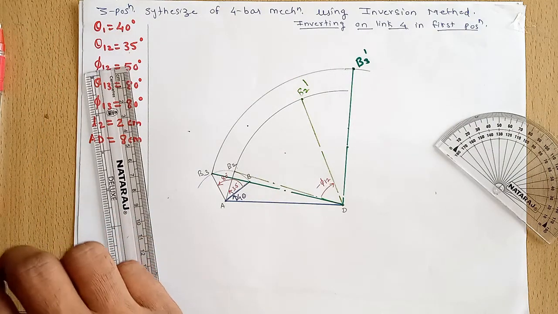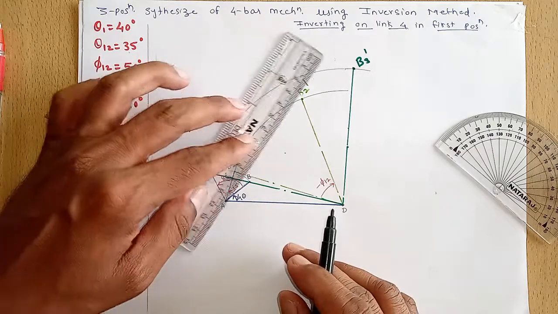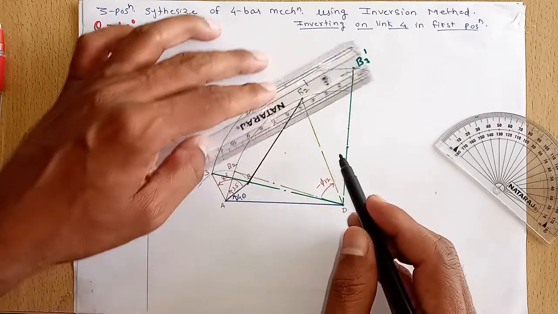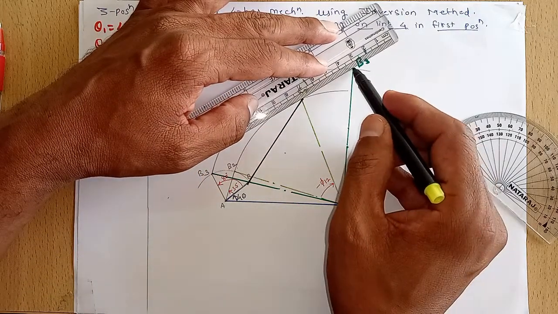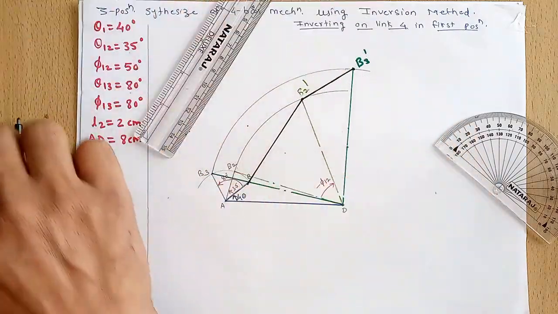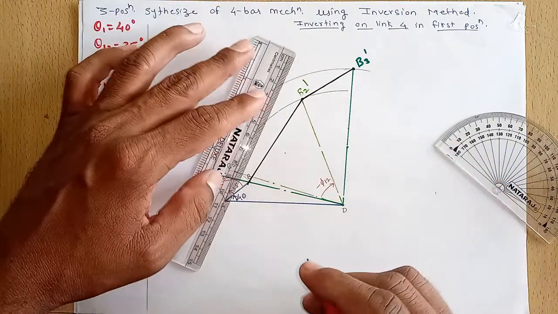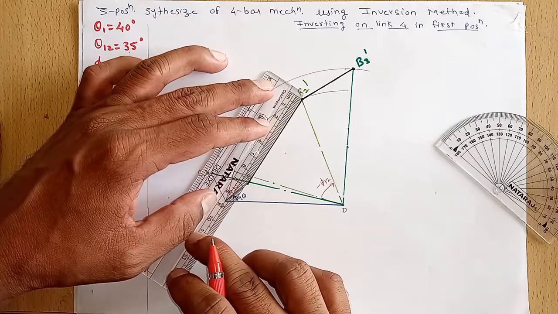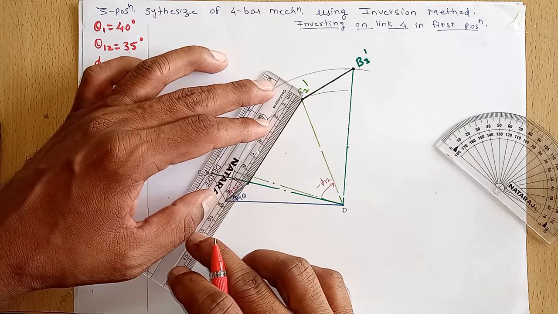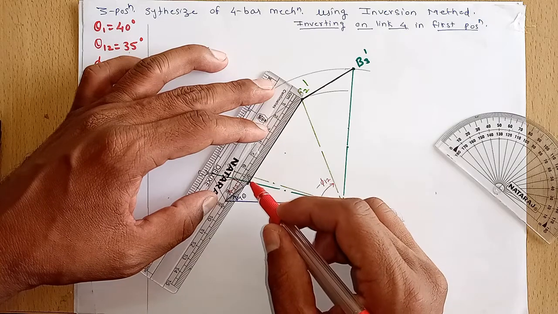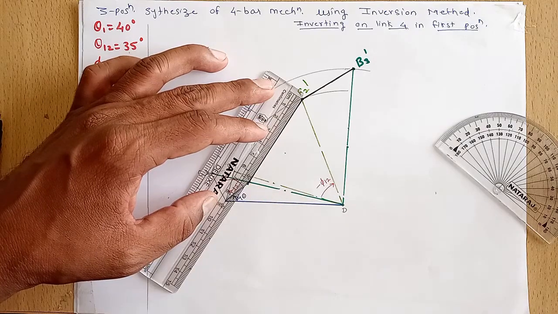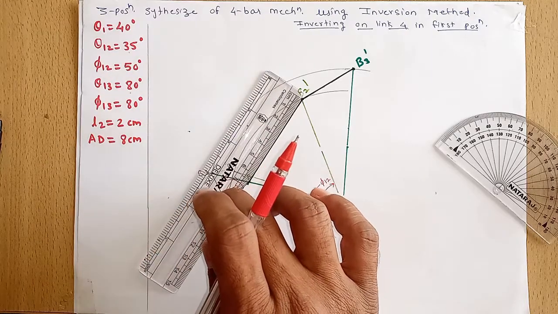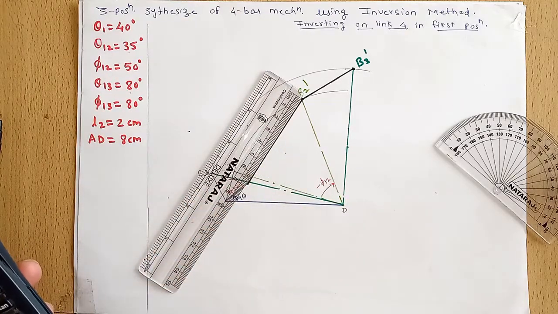In the next step, join point B2 to B2 dash and B2 dash to B3 dash. Then we'll find out the midpoints of these chords. B2 dash to B3 dash is 68 millimeters. So its half is 34.